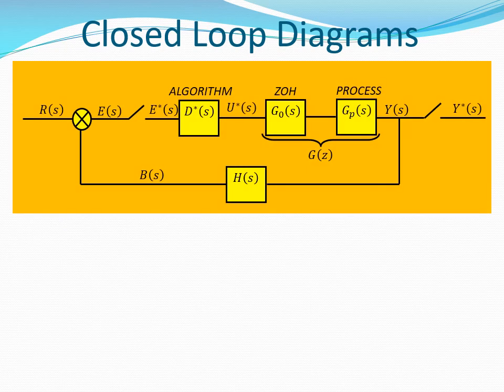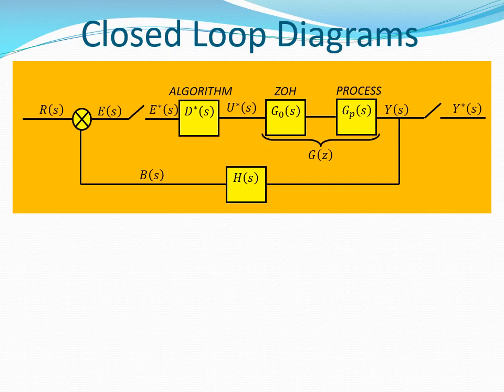Let's look at the diagram for a closed loop digital control system. We want to determine the TF for the closed loop system. We observe that the process and the zero order hold form two cascaded processes whose equivalent Z transfer function is G(z). The algorithm is discrete.